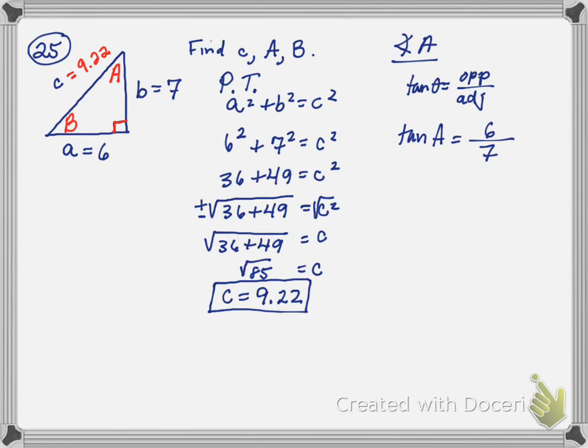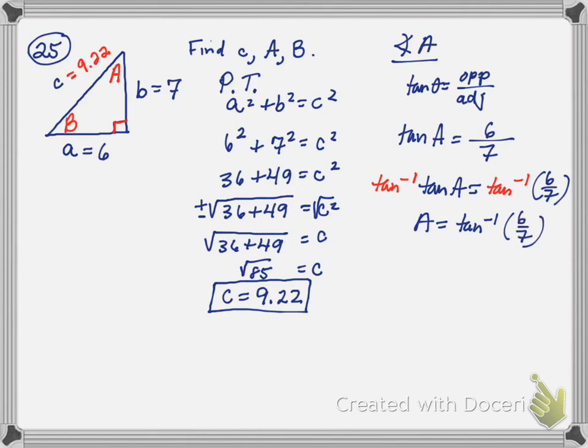To get tangent off of angle A, I have to do the inverse operation, which is to multiply by inverse tangent. So if I take inverse tangent of both sides, I get angle A equals the inverse tangent of 6 over 7.